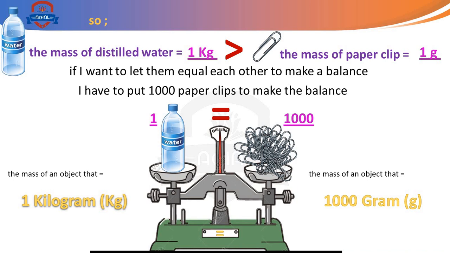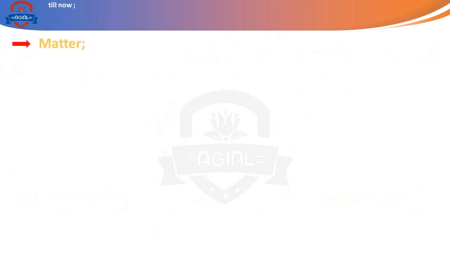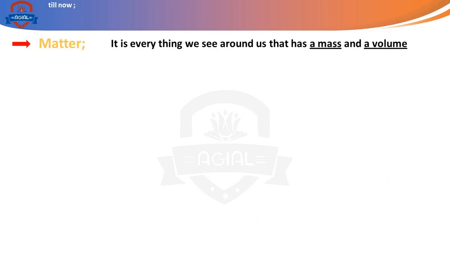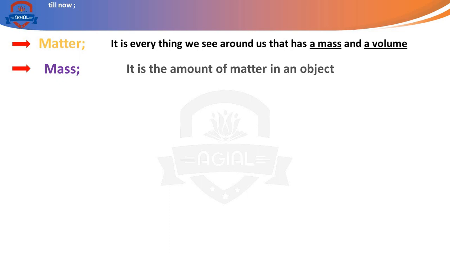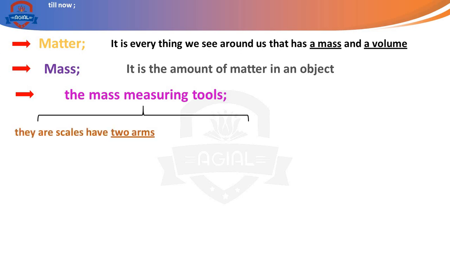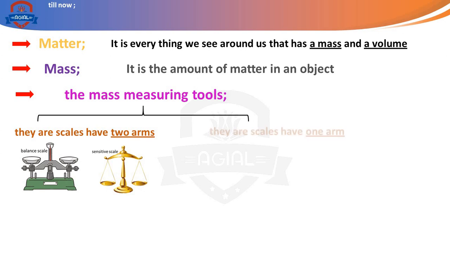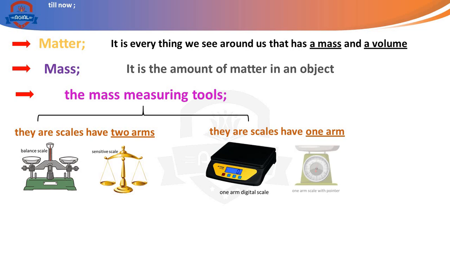Till now we talked about something called matter and said that it is everything we see around us that has a mass and a volume. And we talked about mass and said it is the amount of matter in an object, and we talked about the mass measuring tools, like scales that have two arms, like the balance scale and sensitive scale, and scales that have one arm, like the one arm digital scale and the one arm scale with pointer.